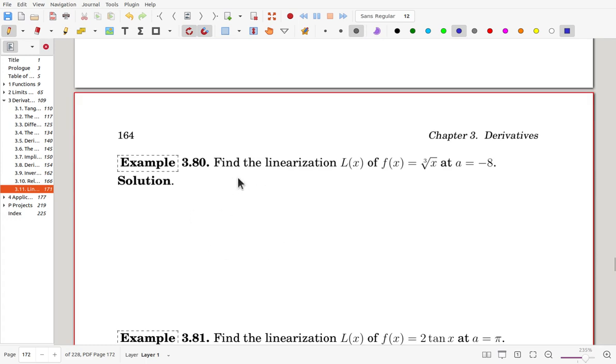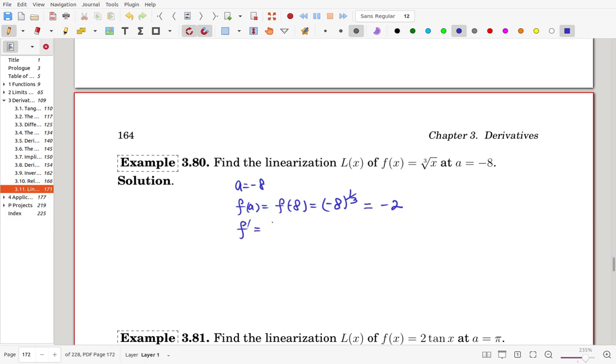Now again, find the linearization of f given in this way. Now a is minus 8, and f(-8) is the cube root of minus 8, which is minus 2. Now how about f prime?